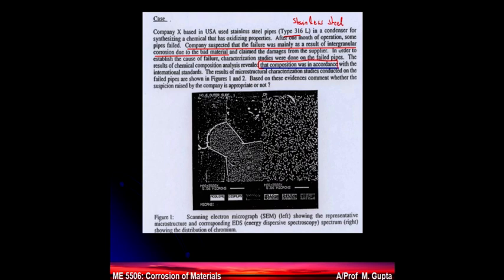They said that the failure was because of intergranular corrosion. So that means what the parent company has to show is, is it intergranular corrosion? If yes, they lose the suit. If it is not, if the failure is not because of intergranular corrosion, they win the suit. So it was a very simple problem.